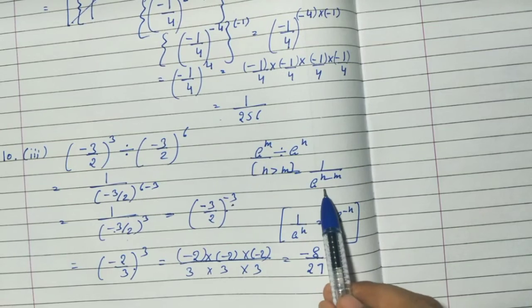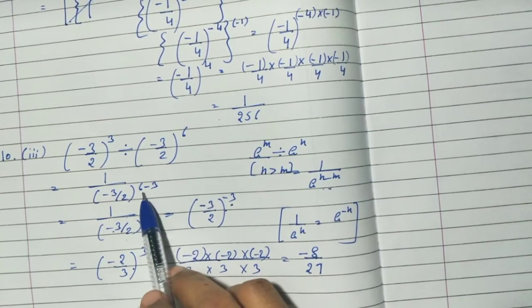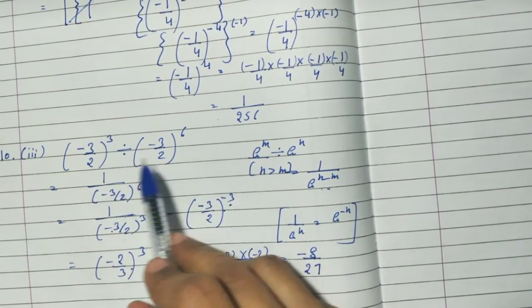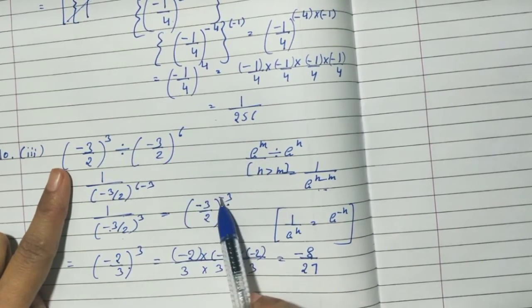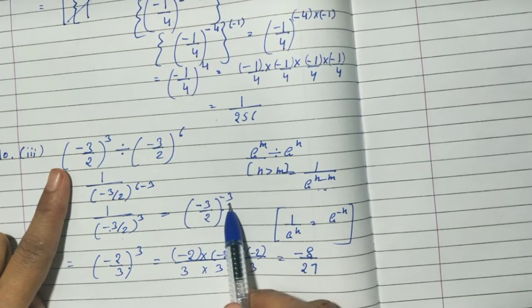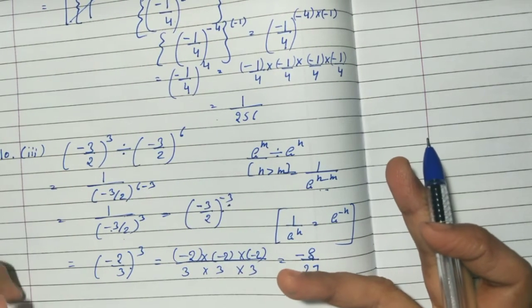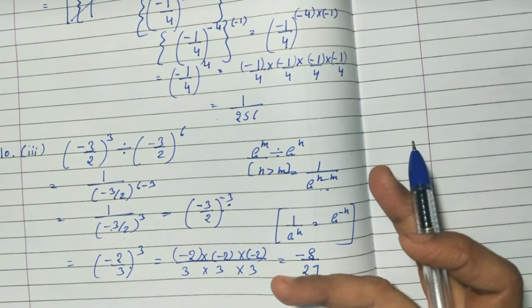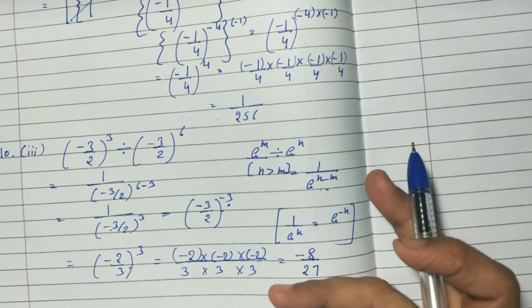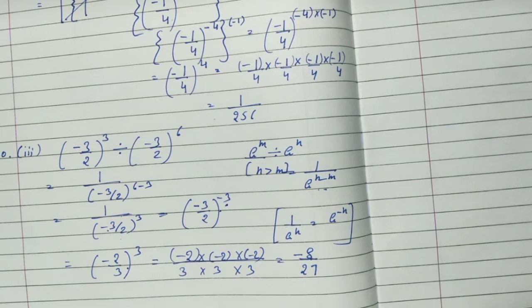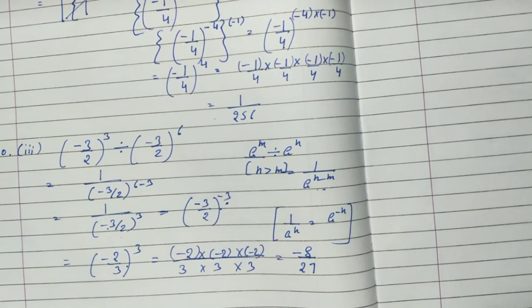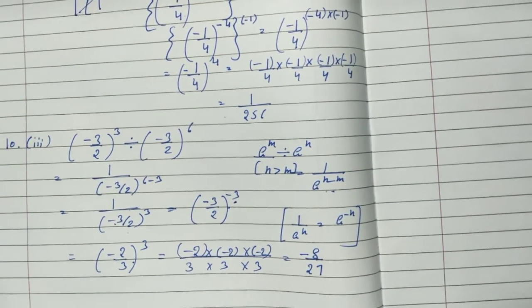If you follow the identity like this, a^m by a^n is equal to a raised to power m minus n, that is 3 minus 6, that is -3, still it is right. Don't get confused in this question. Do it carefully in both the ways. If there is still any doubt, you can ask me. I'll explain it in the WhatsApp group, or I can explain this in the next video also.